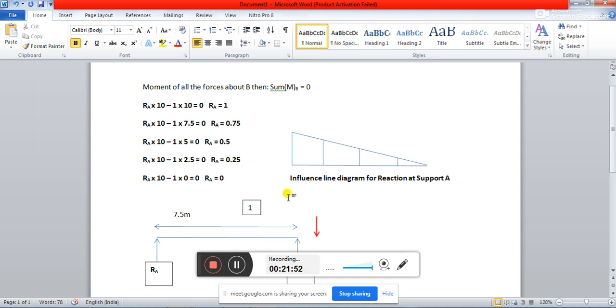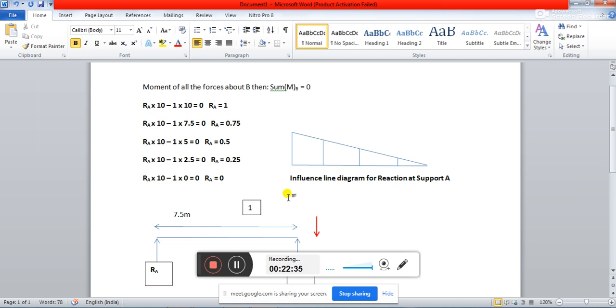Instead of that, as I have mentioned in the previous class, if you remember, influence lines can be represented as a function of x. x is the distance from some point, or distance from the left end or right end of the support. So you will have to take a variable quantity x, and for different values of x you should be able to plot it very easily.